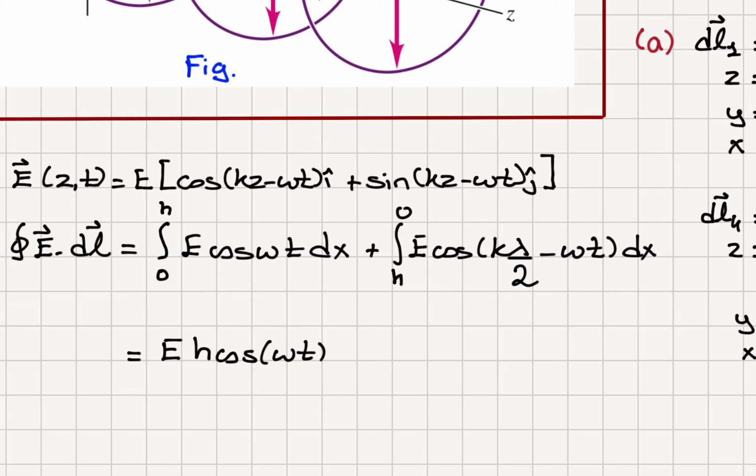The second integral also doesn't have any x in it, so it will give me delta x, but now x goes from h to 0, so delta x will be minus h.